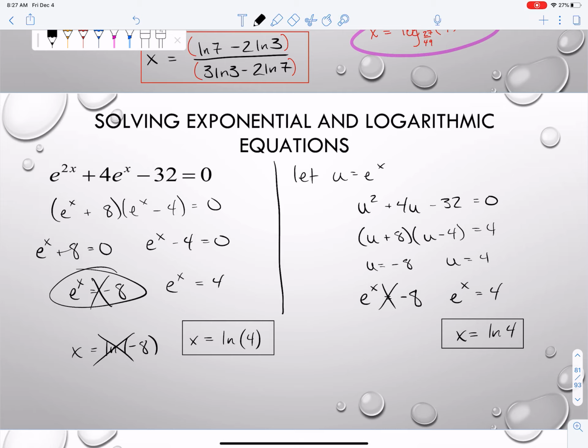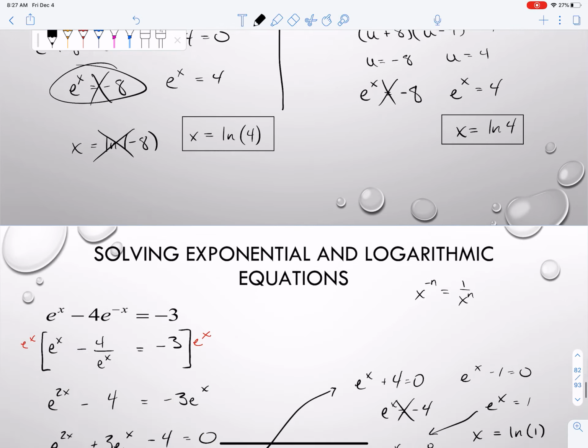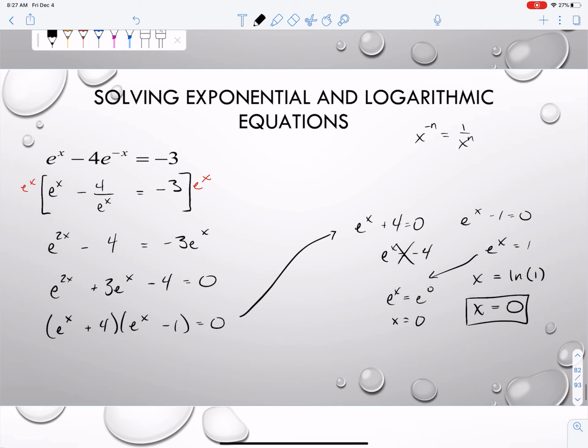So I could have a 3e to the 2x, or for that matter, a 3 times 2 to the 2x. Then we have to factor by grouping. So lots of things to take into consideration. There's a lot of things that could potentially happen here. Again, hopefully I gave you a good foundation from which to work.